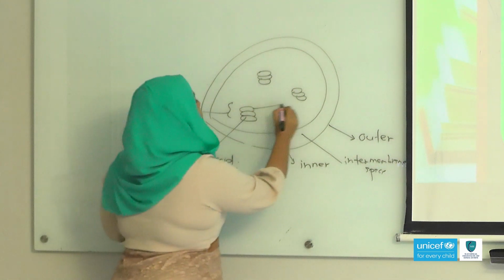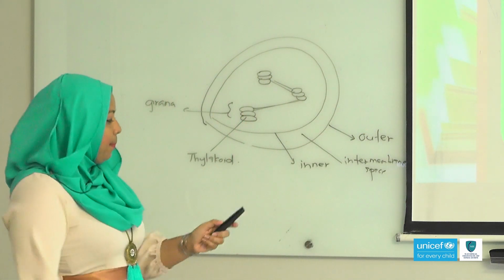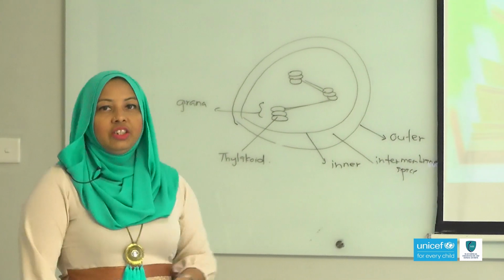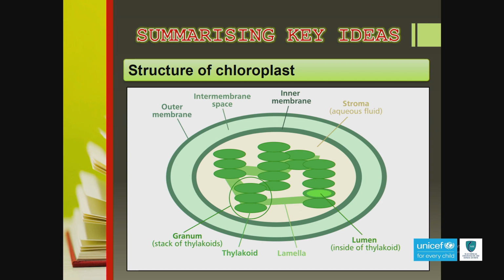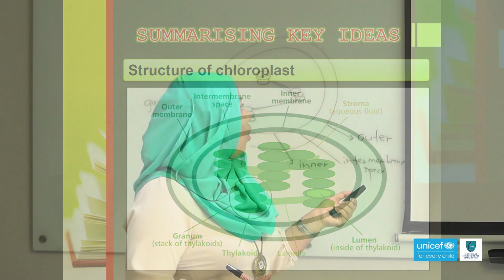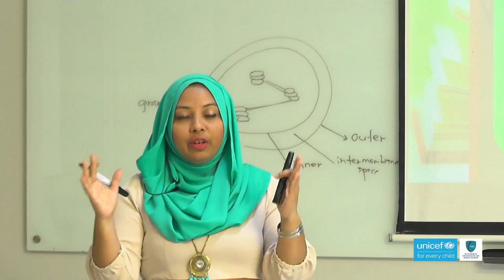Then these are connected by lamella. All this information goes into a simple diagram as such. So this will be easy to retain in your memory rather than by hearting all of this information. So that is one way you can revise a large amount of work.